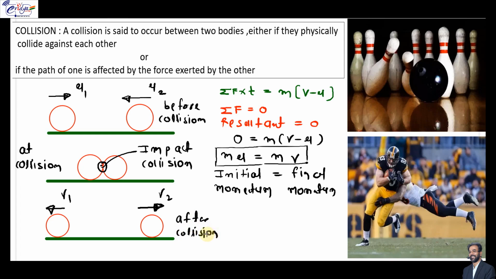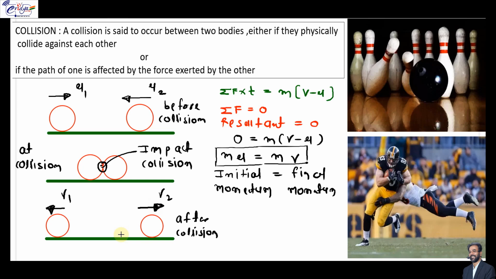Before collision, they are moving with some velocities u1 and u2. Collision means maximum deformation of the body and then regaining their sizes. There is another restoration concept, but I am not going into detail on that; during center of mass we can go into detail. After collision, they are moving with different velocities v1 and v2.